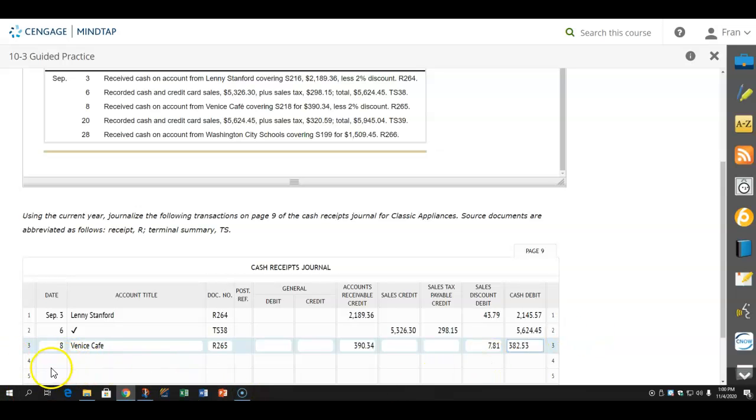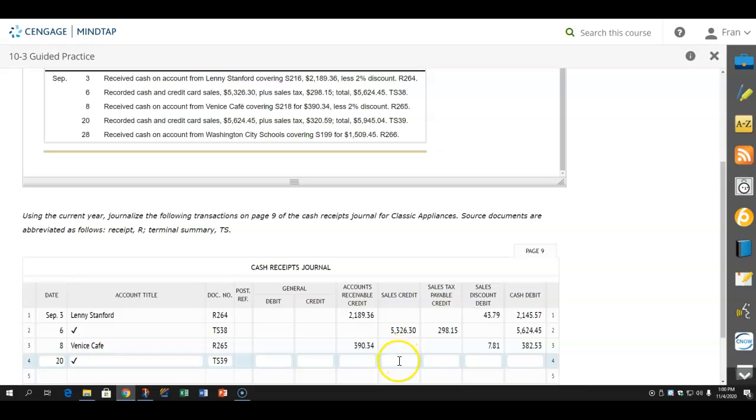Okay. On the 20th, we received cash and credit card sales, so that's just going to be a check mark. And that's going to be terminal summary 39. You see it right there. In case you're wondering where I'm getting that from, that's where it is right there. All right, and these are sales of $5,624.45. It tells us the sales tax.